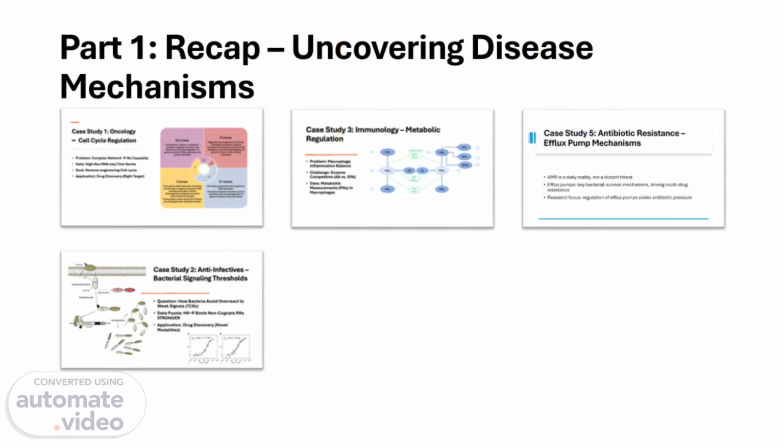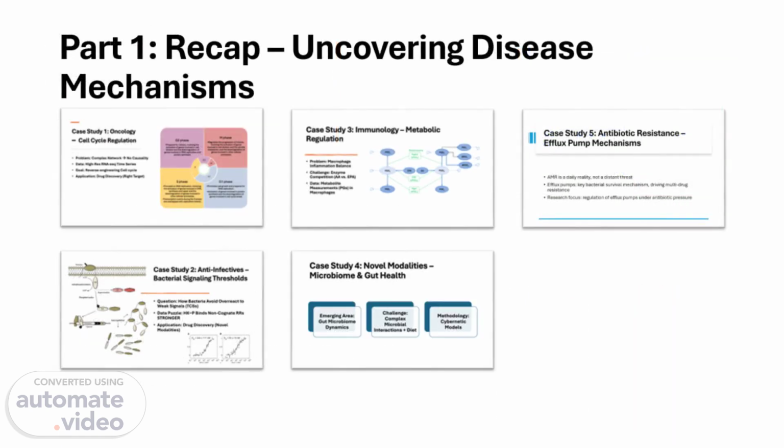To quickly recap Part 1, we've covered 5 diverse applications of our model-informed approach in uncovering disease mechanisms. From oncology and cell cycle regulation, where we reverse-engineered complex networks, to anti-infectives, understanding bacterial signaling thresholds.